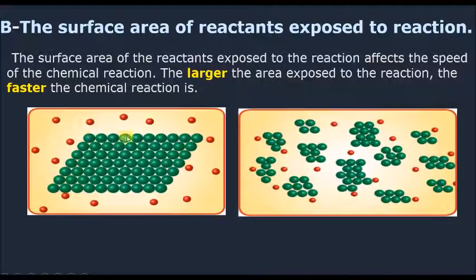And this particle, part of each particle is exposed to water, while those other particles are not exposed to water at all. While here, the number of particles exposed to the reaction, or the surface area exposed to the reaction, is larger than the surface area here in the cube.